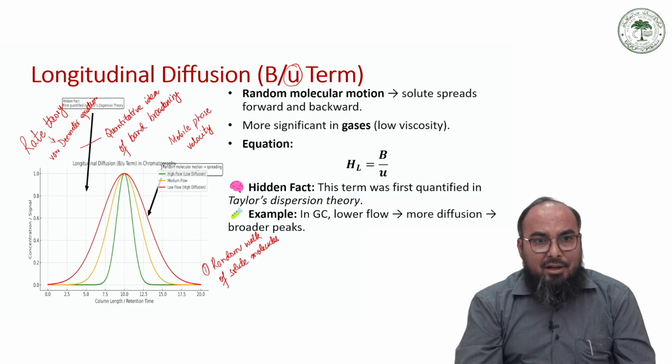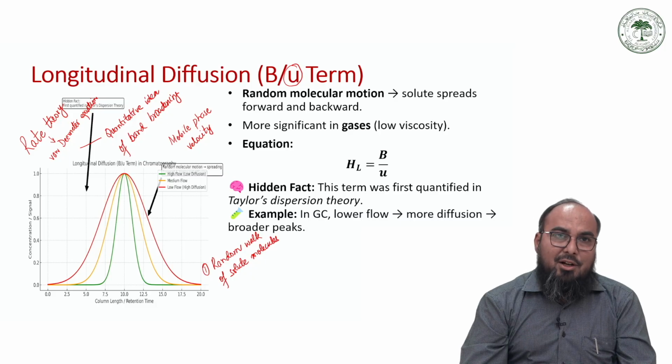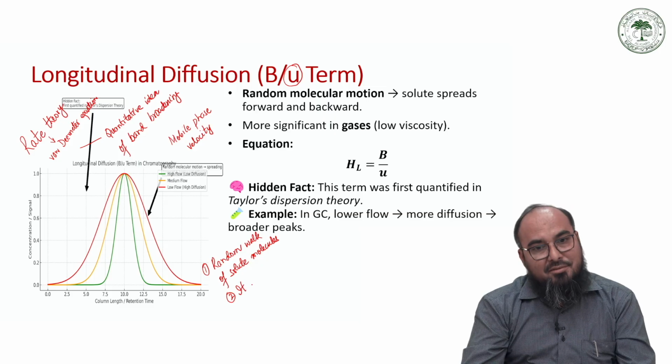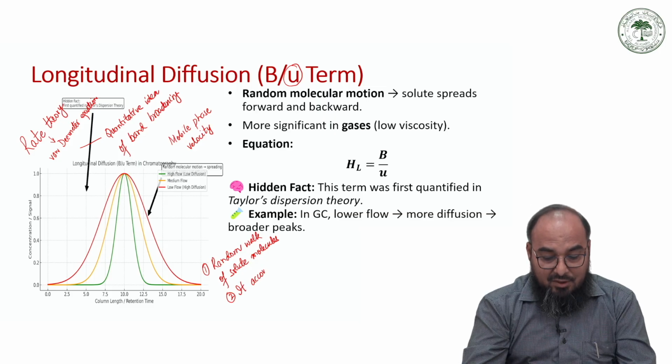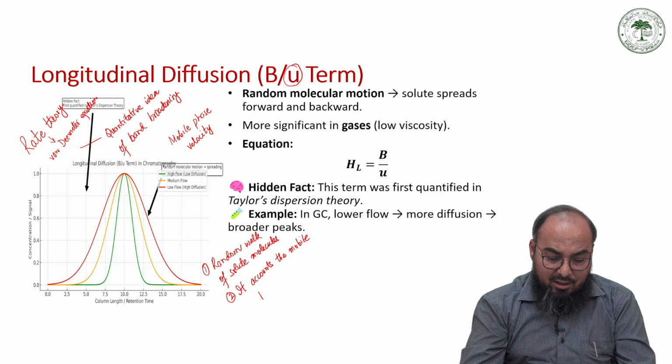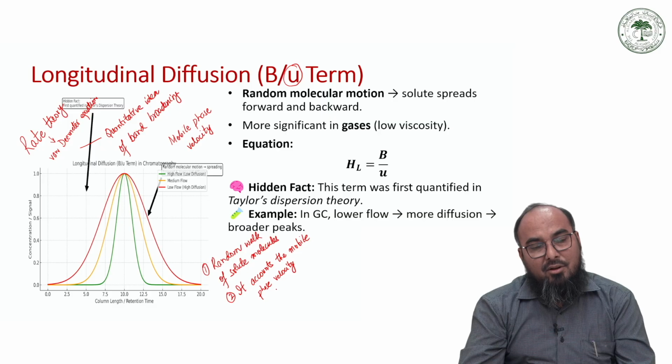And the second point, the most important with regard to rate theory, is that it accounts for the mobile phase velocity, or you can say the rate of migration.